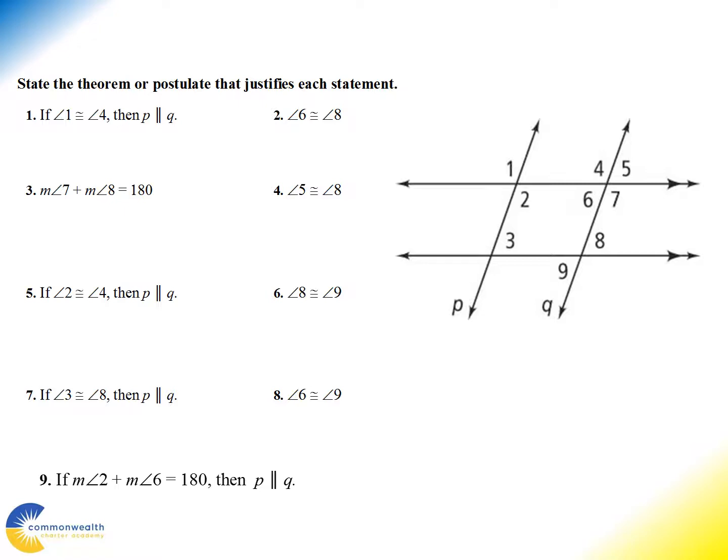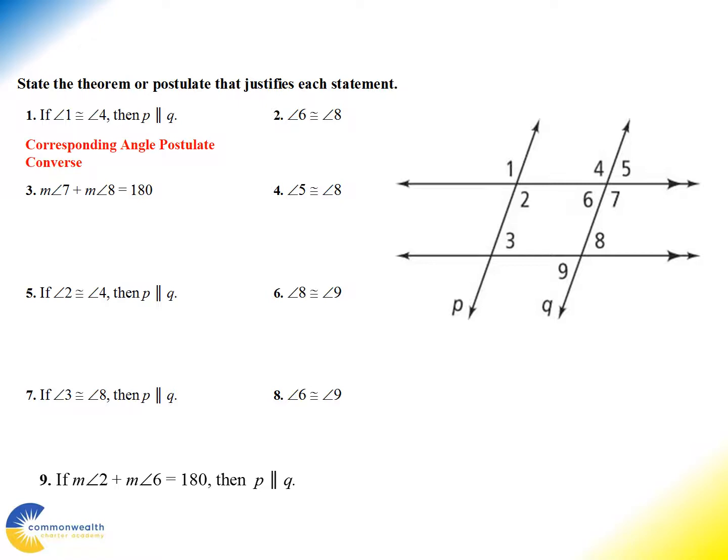So the shared transversal, and it's P and Q that are the two lines in question here. We're saying they're parallel. Well, 1 and 4 are corresponding angles. So if those corresponding angles are congruent, therefore, yes, by the corresponding angle postulate's converse, we would be able to say that P is parallel to Q.